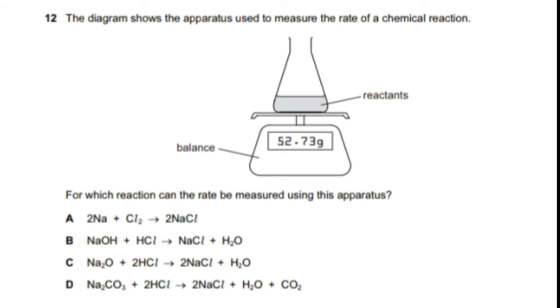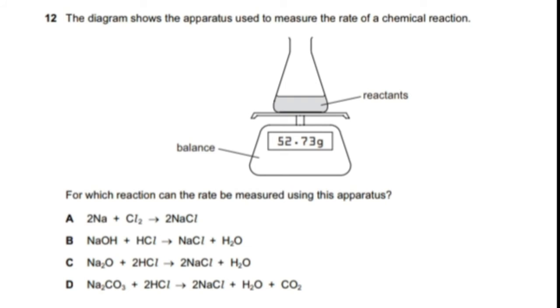The diagram given below shows the apparatus arrangement used to measure the rate of a chemical reaction. For which reaction can the rate be measured using this apparatus? You have four different types of chemical reaction. See here, one conical flask contains the reaction mixture, and this conical flask is kept on a balance.